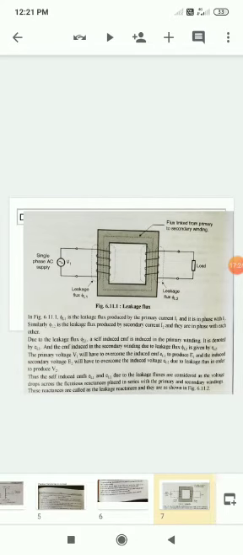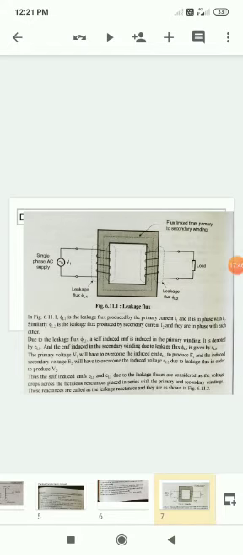Due to this leakage flux, a self-induced EMF is induced in the primary winding. We have already discussed the concept of self-induced EMF: whenever the flux linked with a circuit coil changes, an induced EMF is set up in the coil.